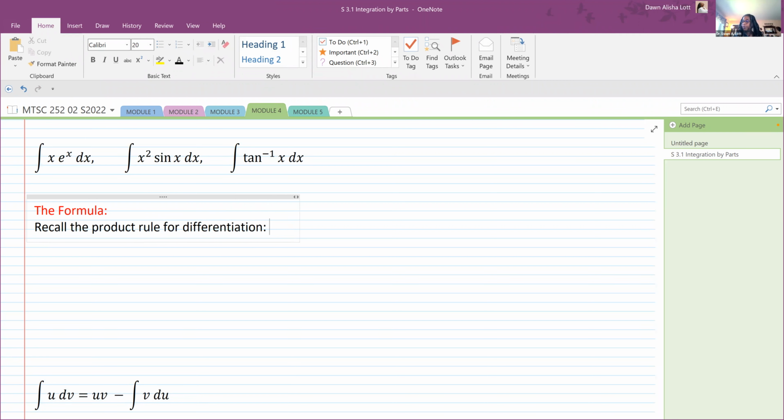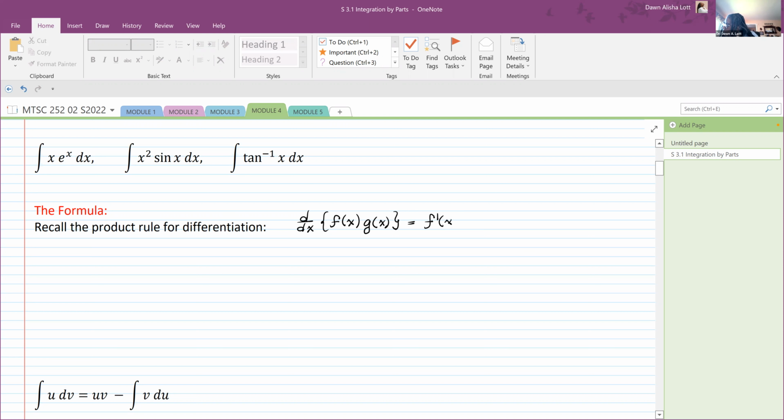The product rule for differentiation was simply, if I take the derivative with respect to x of a function f of x times a function g of x, that becomes the derivative of the first times the second plus the first times the derivative of the second. Okay, so that was the rule.